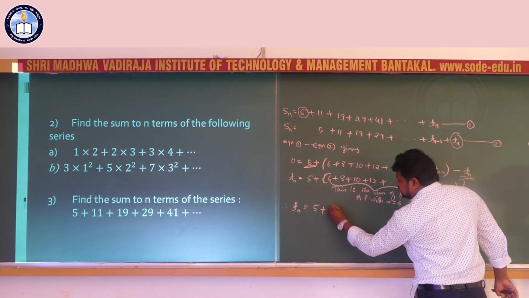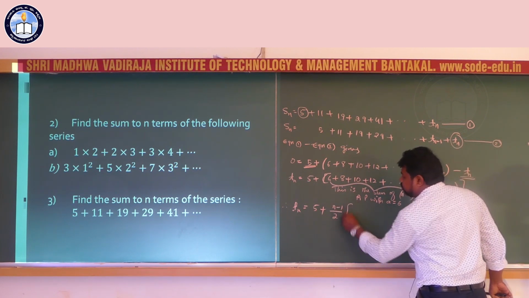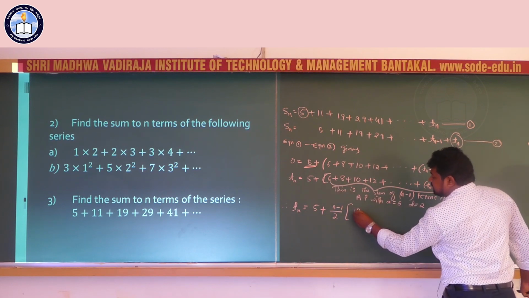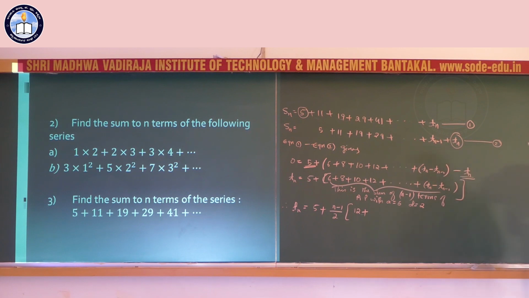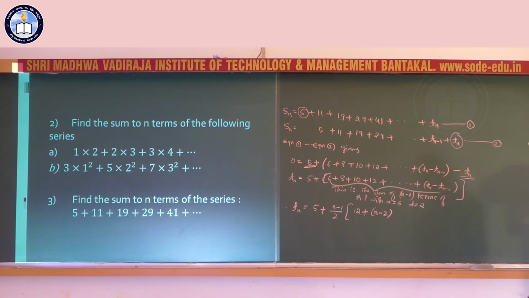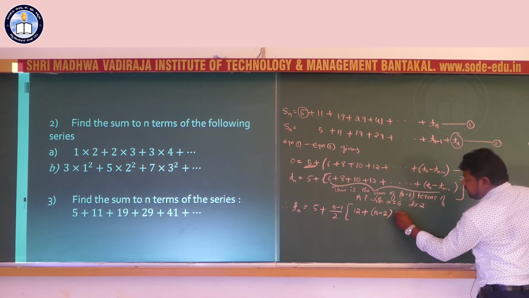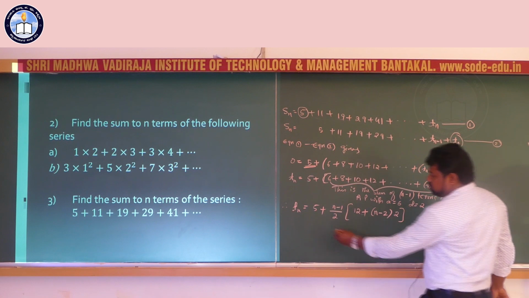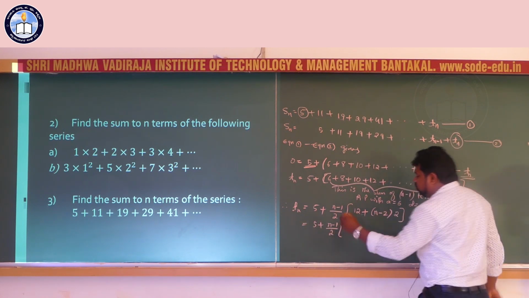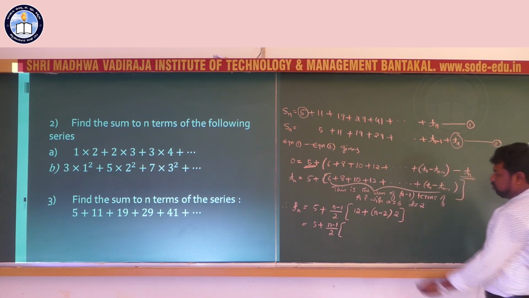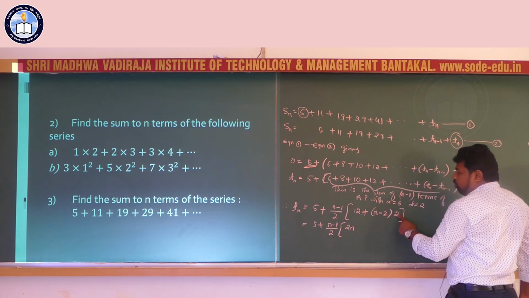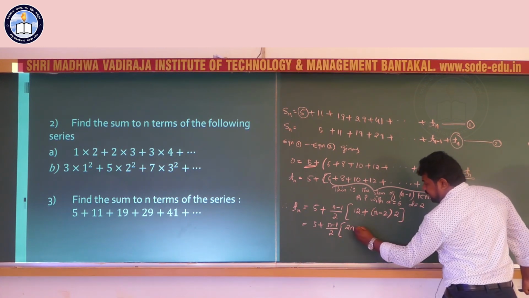Here n is n minus 1, so n minus 1 by 2 into 2a, a here is 6, so 2 into 6 is 12, plus n minus 2, n minus 1 is not right, n minus 2 into d, d here is 2. That is equal to 5 plus n minus 1 by 2 into 2n, 2 into 2 is 4, 12 minus 4 is 8.